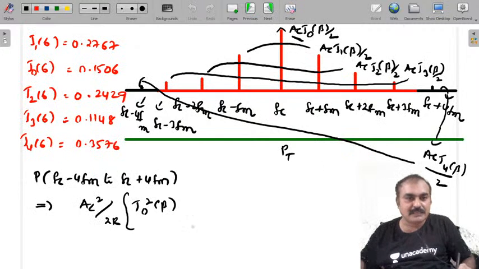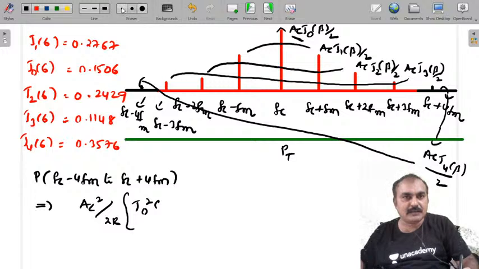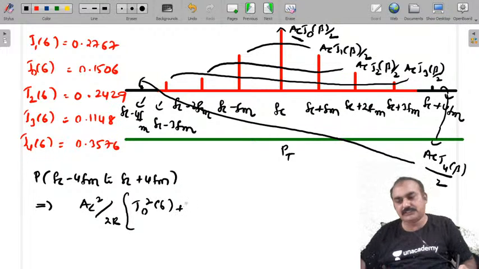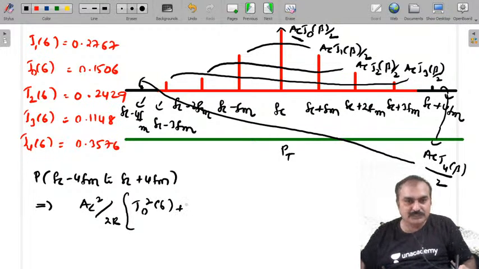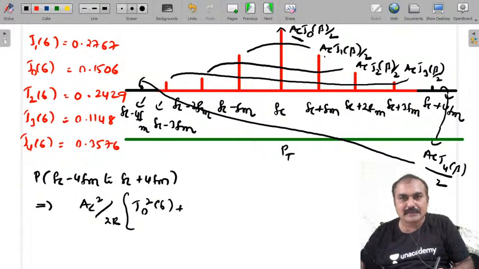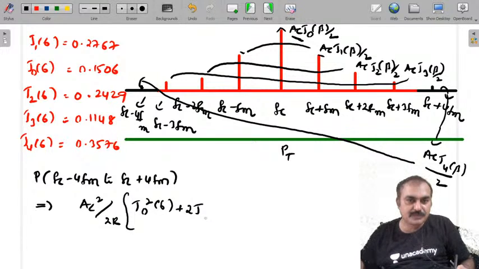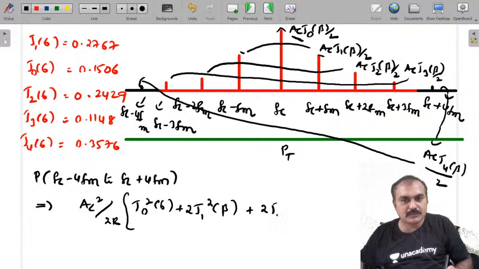Now going for this one. So here you have to take this one out, and this is 6, my dear students, plus the next one is 2 times, because here one is there and here one is there, so 2 into J1 square of beta plus 2 into J2 square.